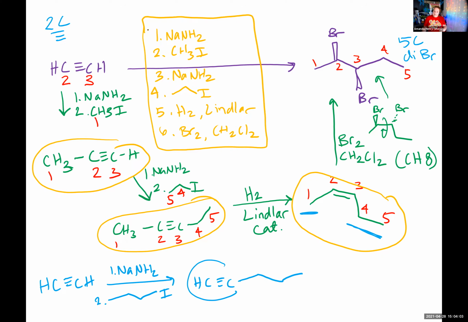If that's all you write, I'm not going to know that that was a typo. I'm going to think that you meant to add sodium and ammonia. And so by showing me your structures after each step, I can see that you meant NaNH2. That's just a tiny typo. Otherwise that set of reagents isn't going to help you out here.